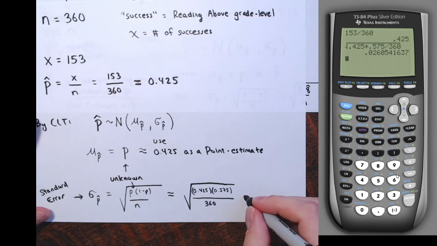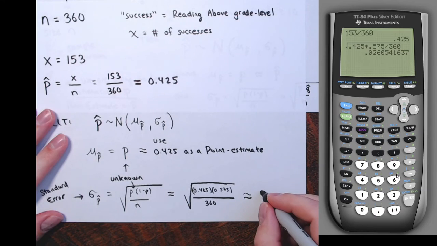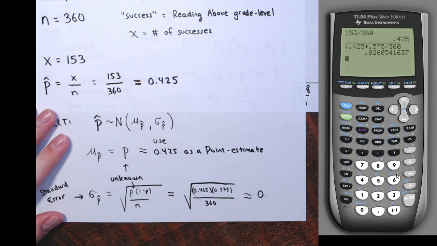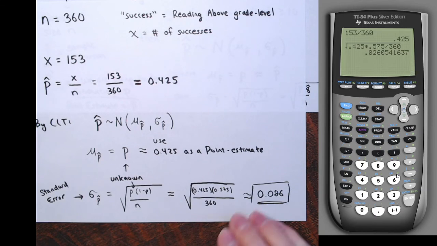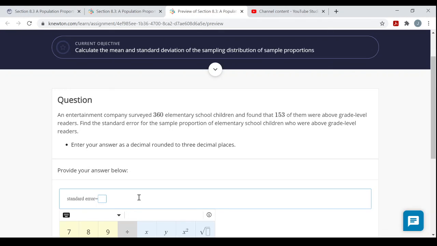So we're getting a standard error, a standard deviation for all these p hats, of 0.026 when rounded to 3 decimal places. And this is all they're asking for: the standard deviation of this distribution of the sample proportions, the distribution of the p hats. So standard error, as I said, 0.026 to 3 decimal places.